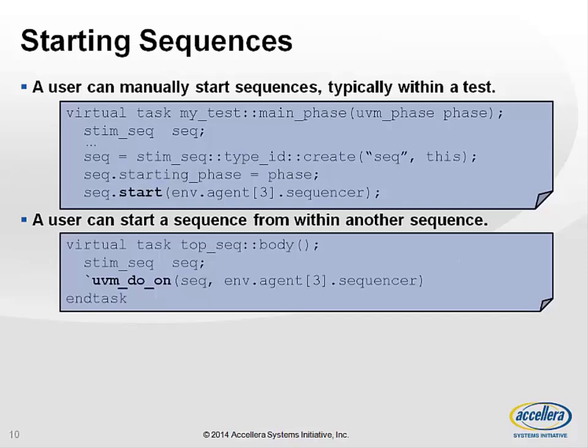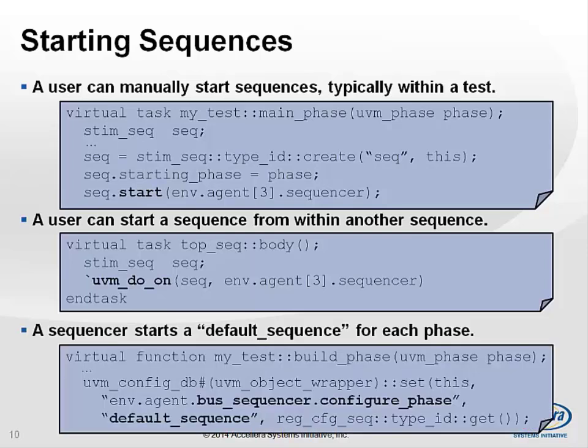As you saw in the previous slide, I can start sequences from within sequences to create that layer. There are macros for this, or because a sequence is a sequence item, you can use the same macros. You can use the same mechanism that you use, start item, what have you.